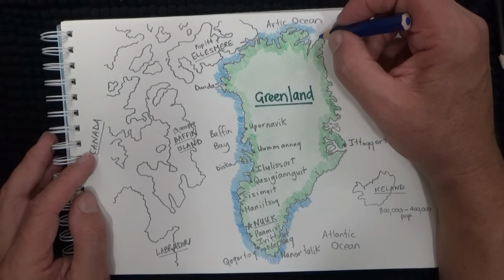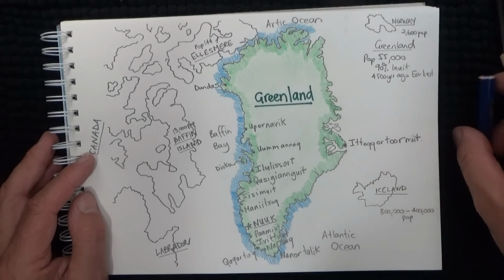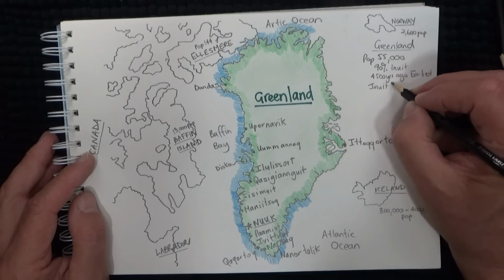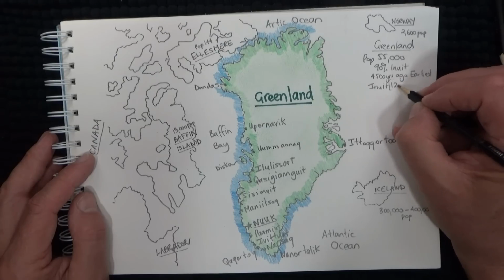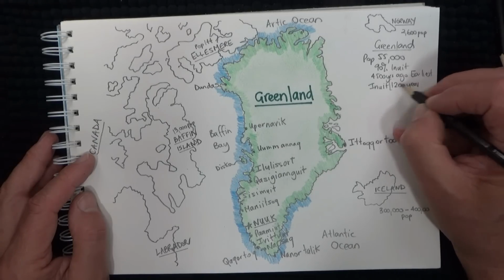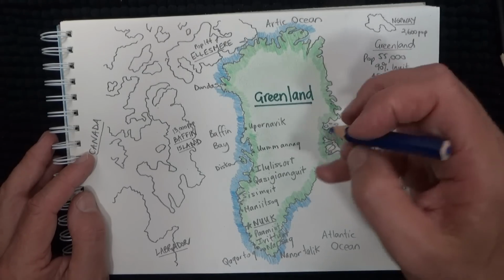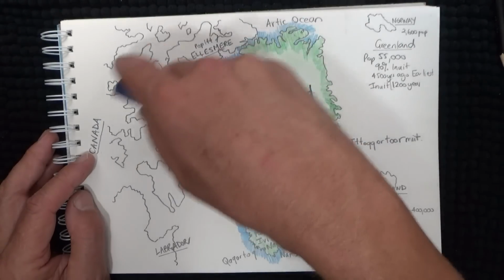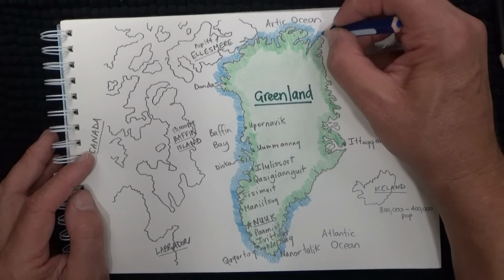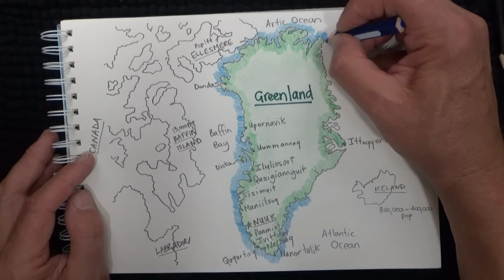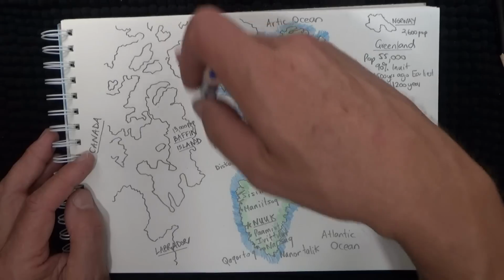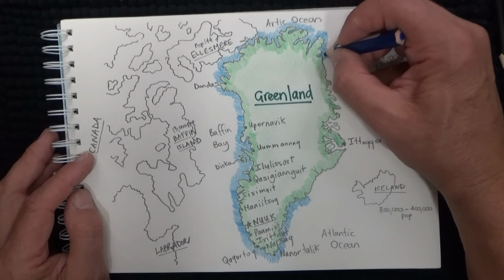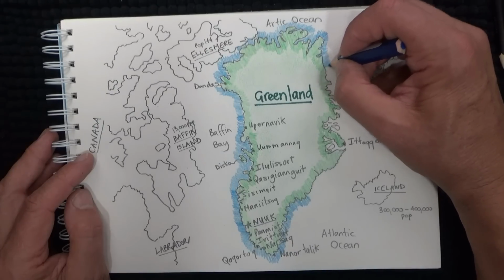But the Inuit people arrived around the year 1200s. They've been here for about 800 years, and they brought all their skills, hunting and living in cold climate skills from all around Canada into living in Greenland.